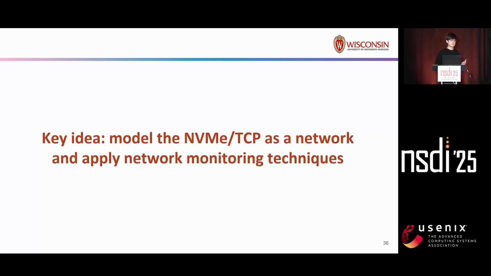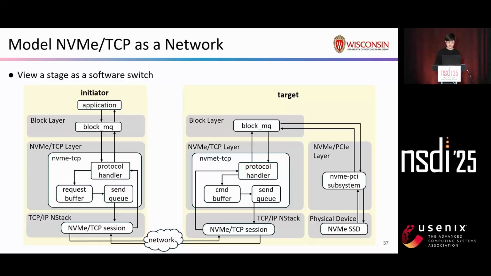The key idea to design ntprof is to model NVMe-TCP as a network and then apply network monitoring techniques to profile it. In the data path of NVMe-TCP, as we have seen earlier, there are multiple stages represented by those gray boxes.